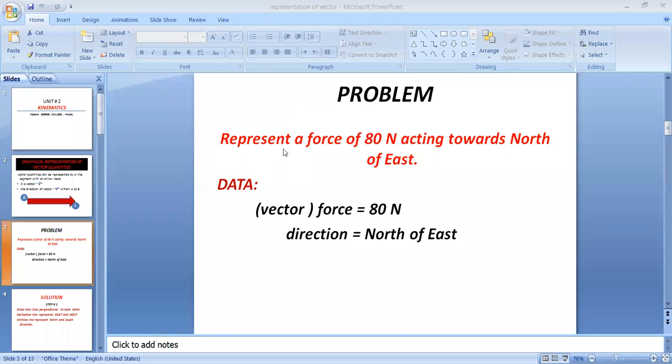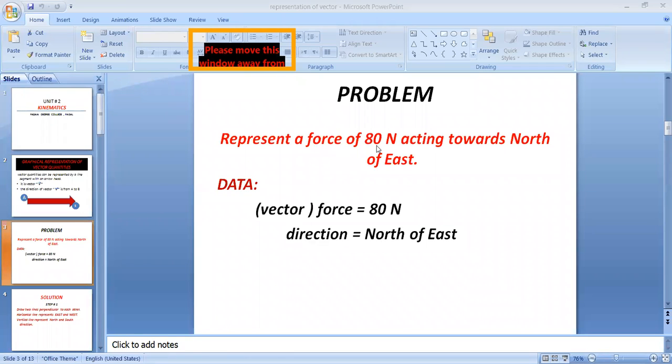Now, if a question is given like represent a force of 80 Newton acting towards north of east, it is a problem. So first of all, you have to make the data. What is required and what is given. If you have any problem, first of all you have to write what is given in the question.